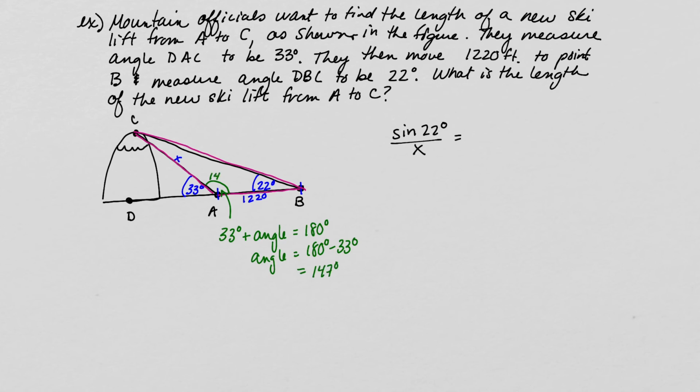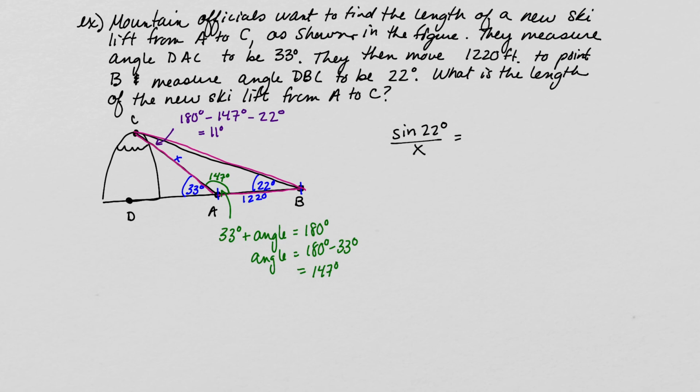So in here I have 147 degrees. Then to find the angle at the top, we take all together in the triangle the 180 degrees, and we subtract off the 147 degrees and subtract off the 22 degrees. When I do all that, this ends up being equal to 11 degrees.